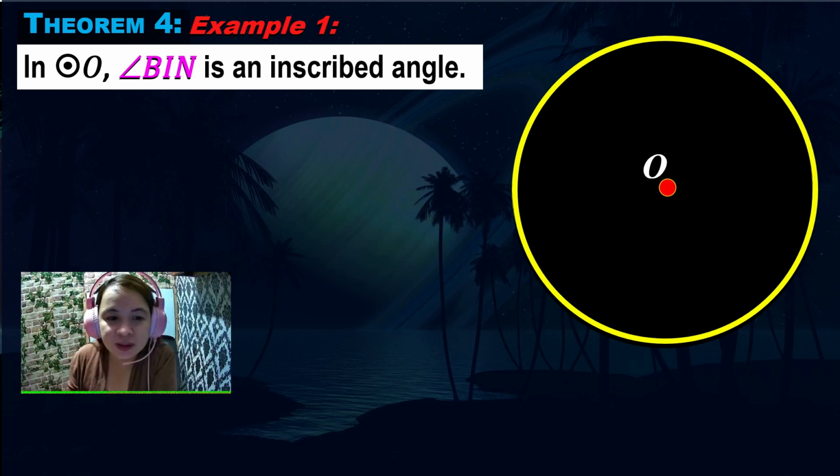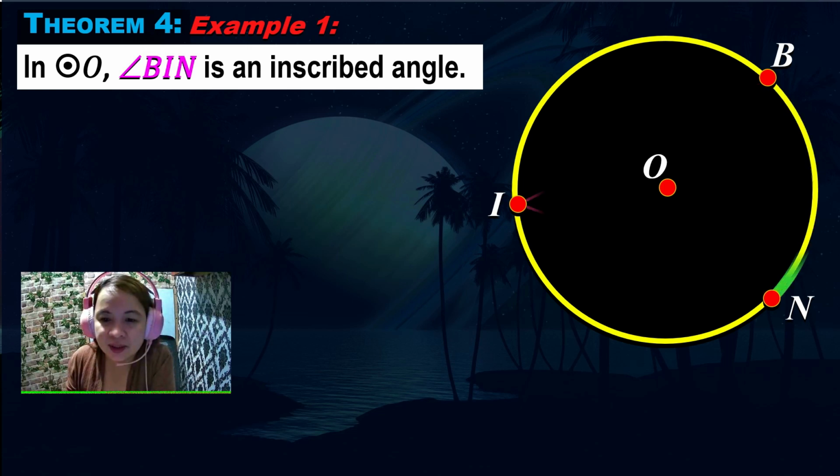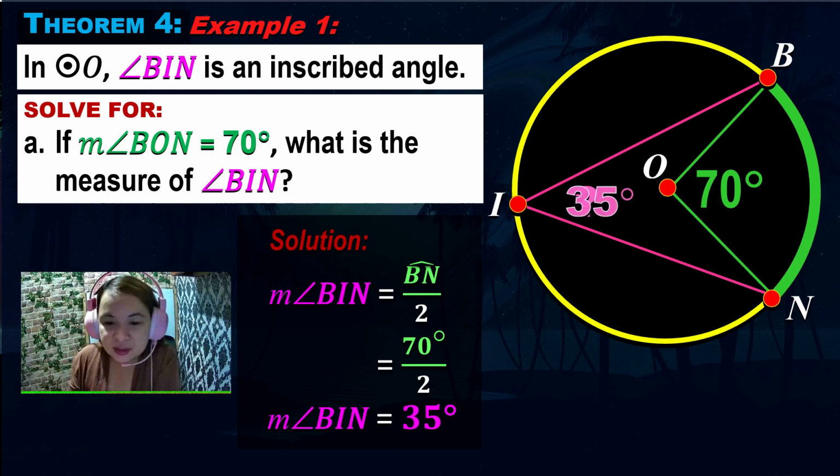So, in circle O, angle BIN is an inscribed angle. So, makikita niyan na yung angle BIN ay inscribed angle to circle O. The problem is, if the measure of angle BON is equal to 70 degrees, what is the measure of angle BIN?